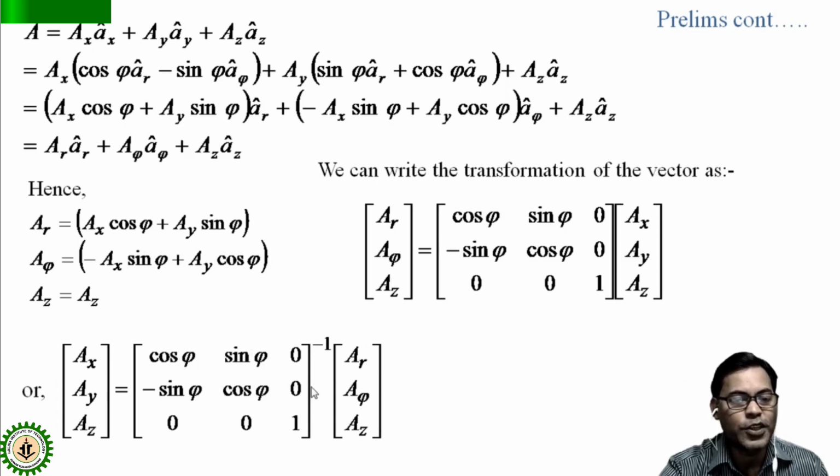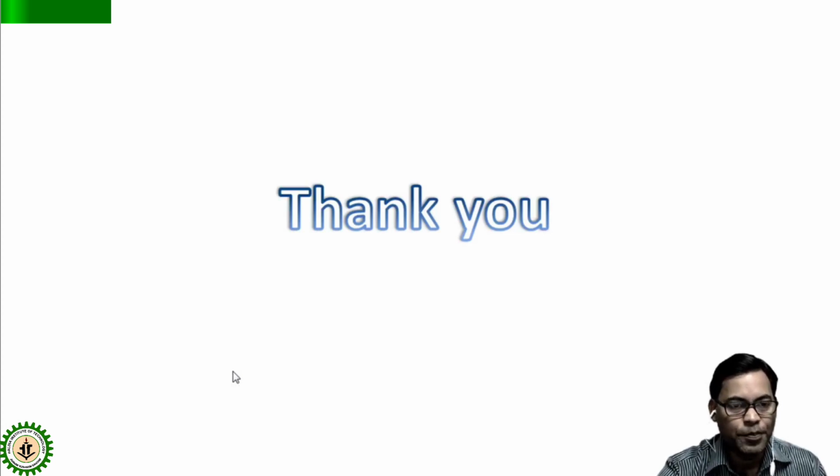So if AR, Aφ, Az are given in the problem, we can find the components in the Cartesian coordinate system Ax, Ay, Az using this matrix form. So this is the relationship between the components of the Cartesian and cylindrical coordinate systems we have seen, and also the relationship between the unit vectors of the two systems. Thank you very much.